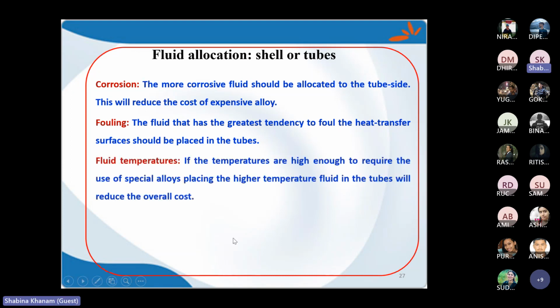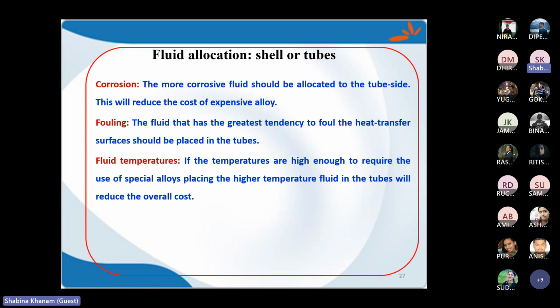Similarly, consider fluid temperature. If the temperatures are high enough to require the use of special alloys, placing the high temperature fluid in the tube will reduce the overall cost. So high temperature should be allocated to the tube side.